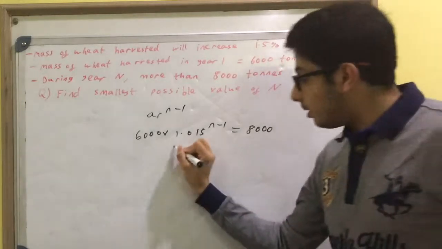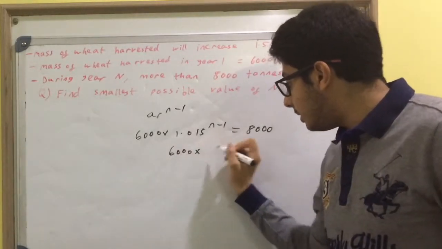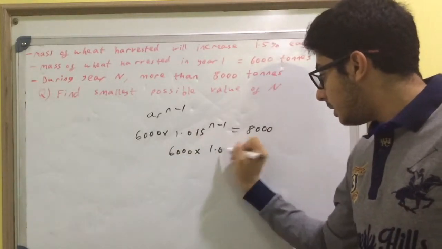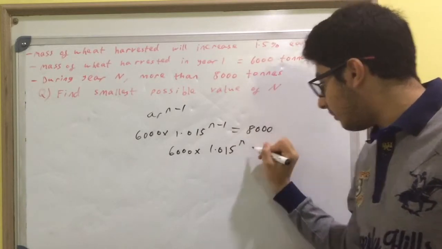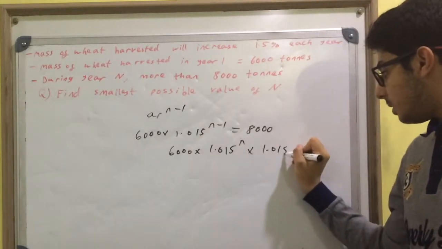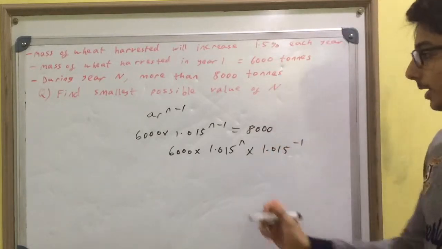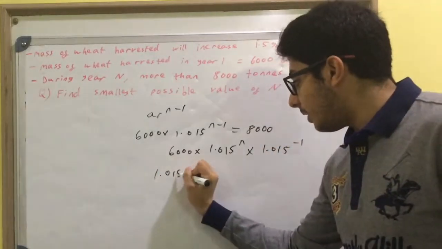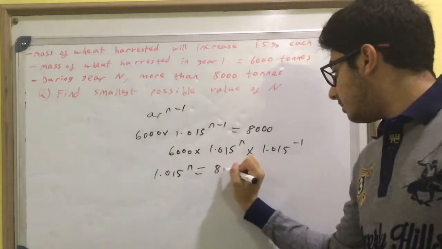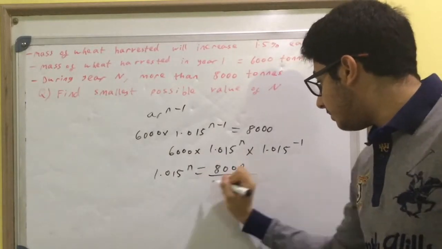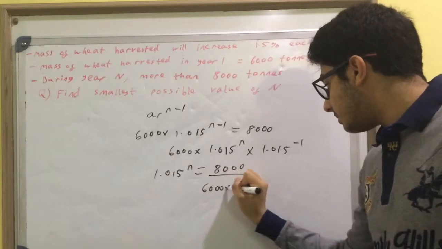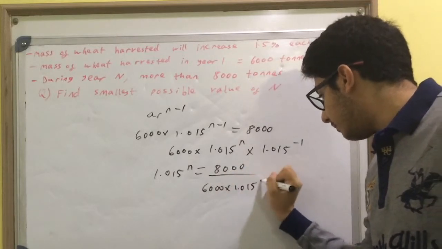Now, using the law of indices, I would separate this into 1.015 to the power of n multiplied by 1.015 to the power of minus 1. So 1.015 to the power of n is going to be equal to 8,000 divided by 6,000 times 1.015 to the power of minus 1.